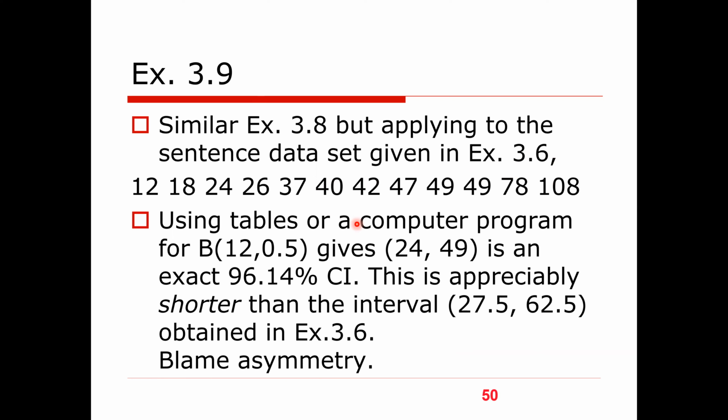So we actually get a shorter confidence interval with binomials than we did with Wilcoxon. Well, we have an asymmetry in the problem, a long tail, and that makes a difference. So when we have asymmetric data, a sign test actually performs a lot better versus the traditional t-test.